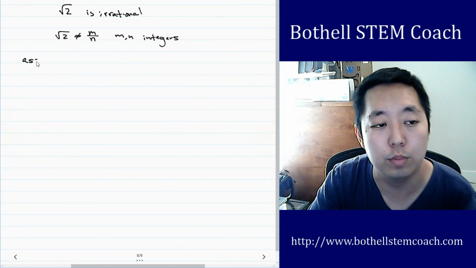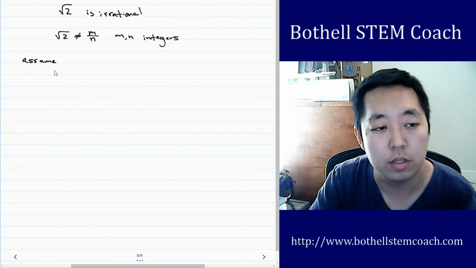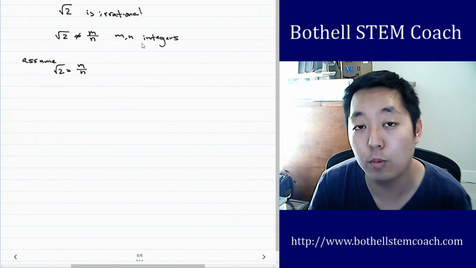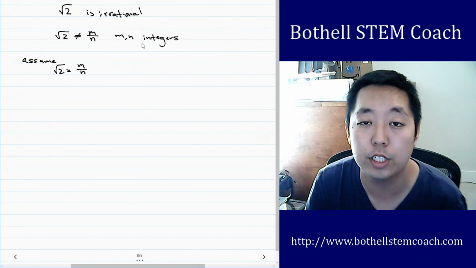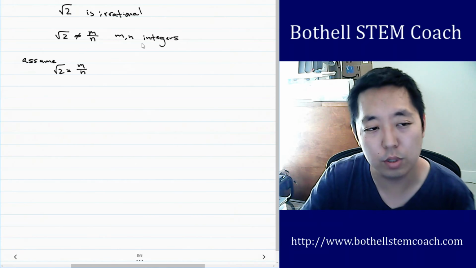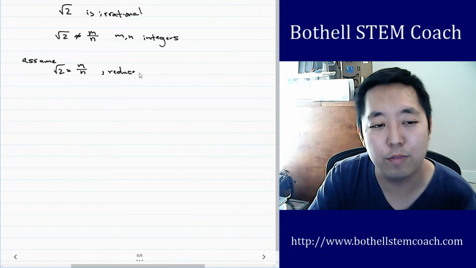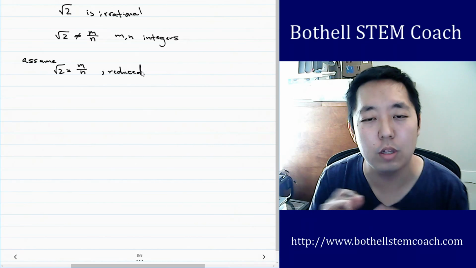We're going to assume that there is such a fraction that exists, where m and n are integers. We're going to pretend that one exists, and we're going to see if we run into a contradiction through this. We're also going to assume that it's in reduced form. That means the fraction has eliminated all of the common factors.